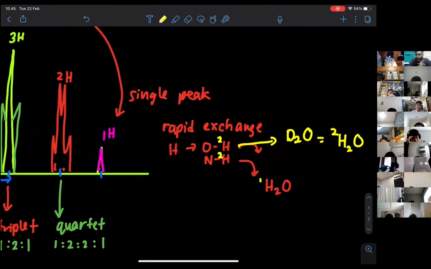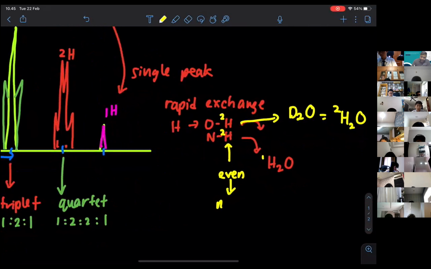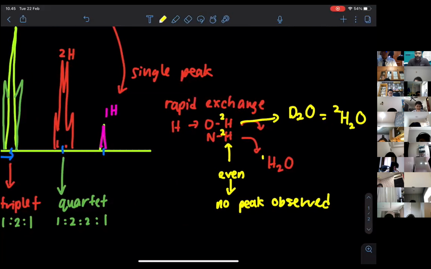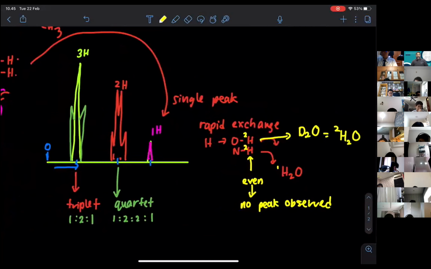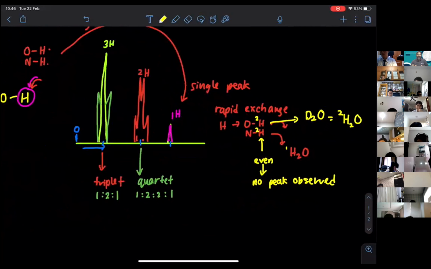So when that happens, the mass number is no longer hydrogen 1. The mass number is even, so no peak is observed over here. Because in order to see the NMR spectrum, you must use an odd mass number, as that is the one that we can see. If you use something like D2O, you cannot see.